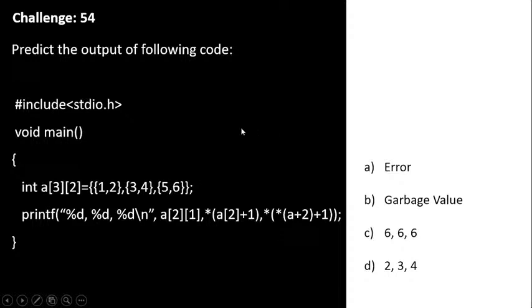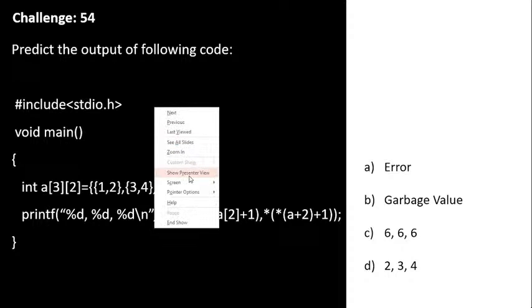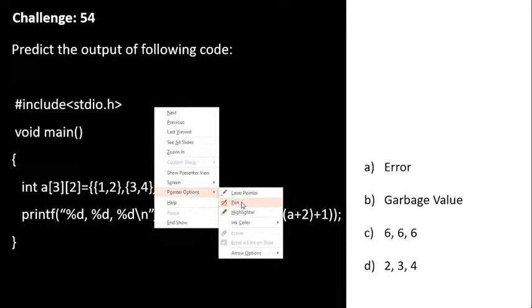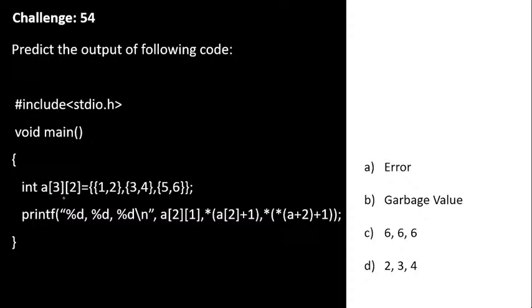So first let's figure out how the array is arranged. There must be 3 rows and 2 columns. So the first row will have 1, 2. The second row will have 3, 4. Then 5, 6. Right.